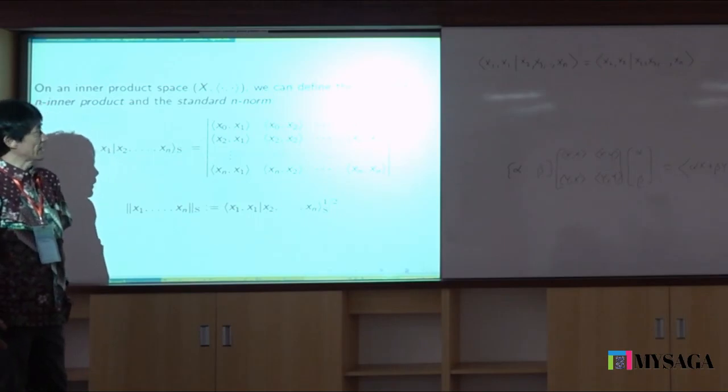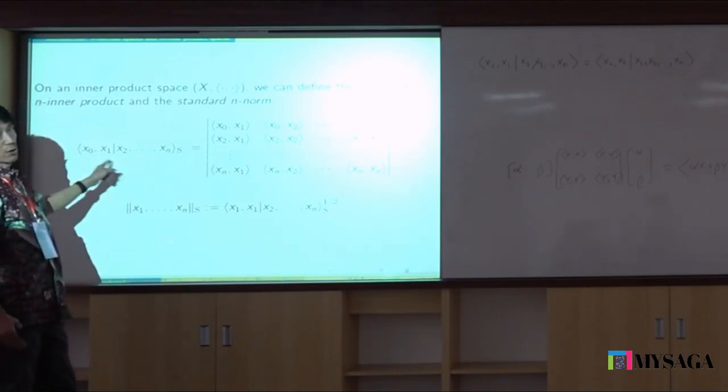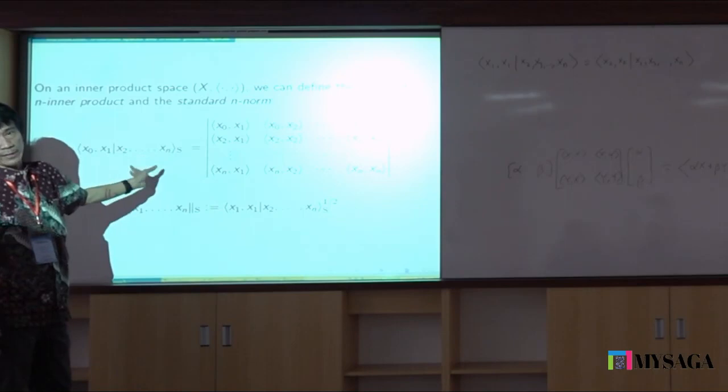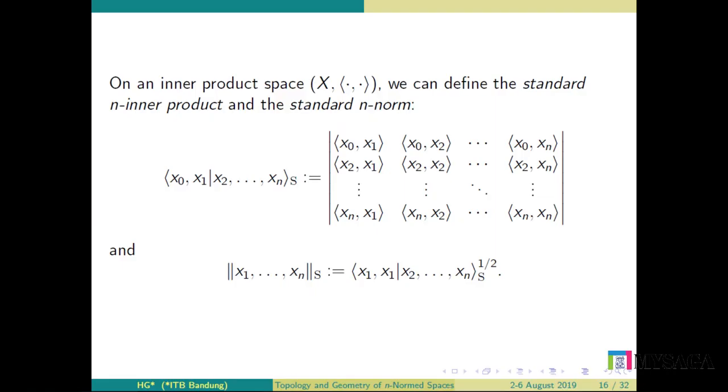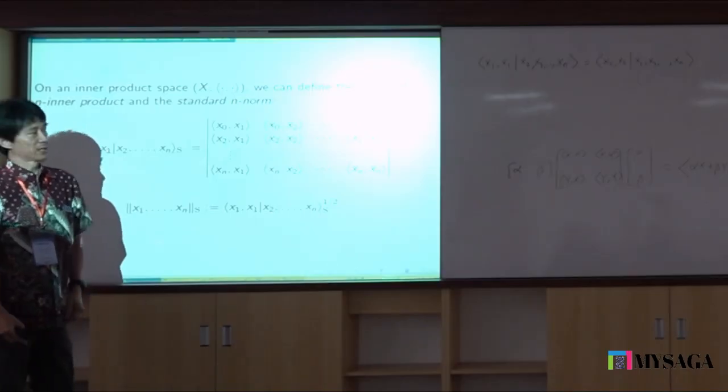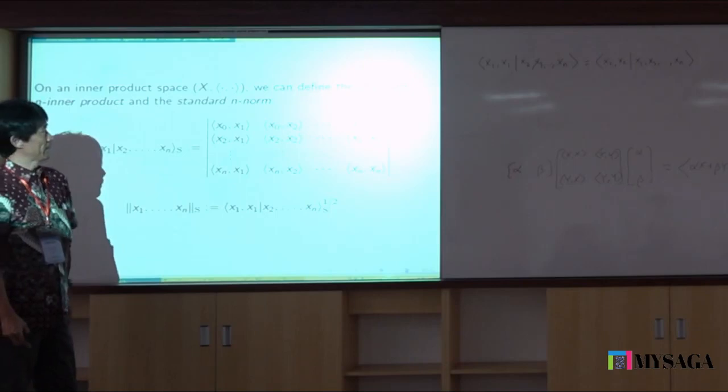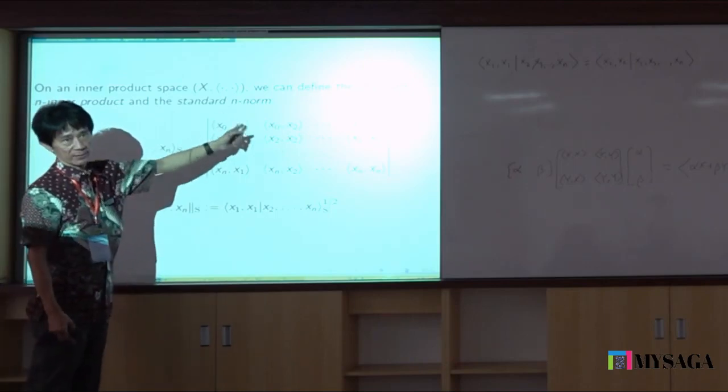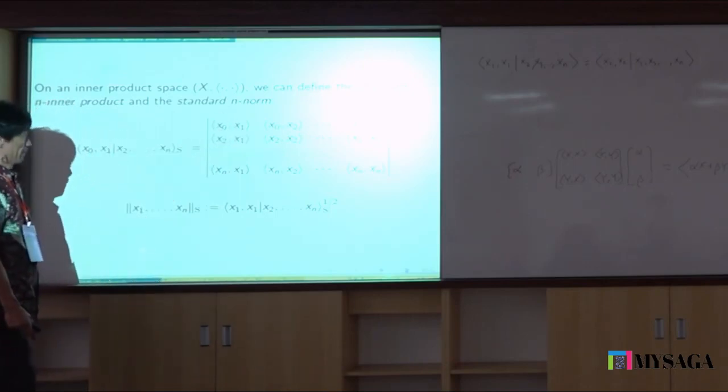So for example, if x0 is orthogonal to x2 up to xn, then all this is 0. So this will be the volume of the n-1 dimensional parallelepiped, and then times this. Okay.